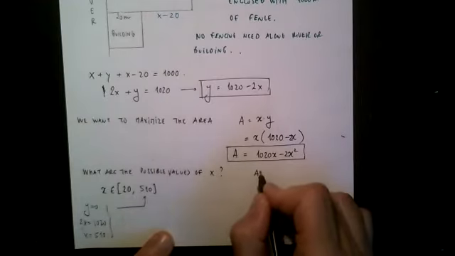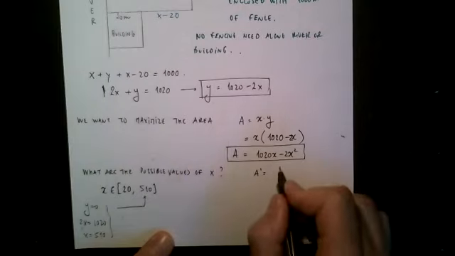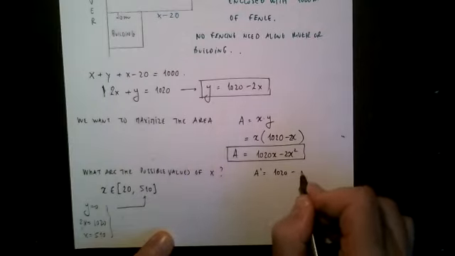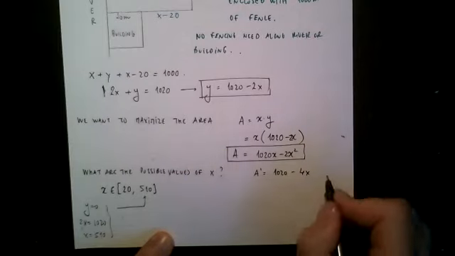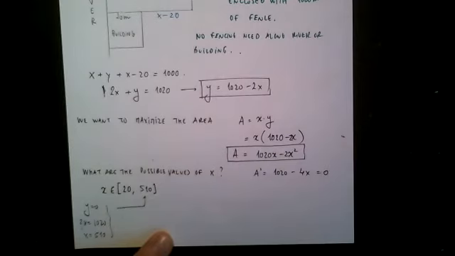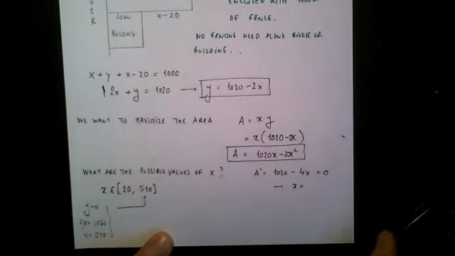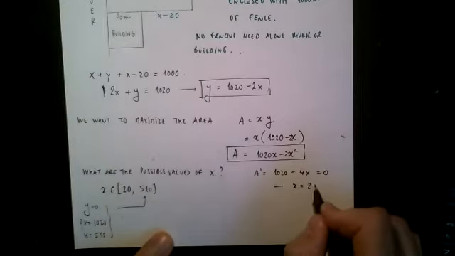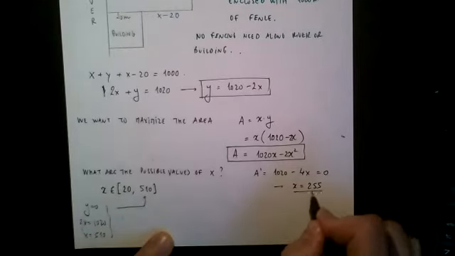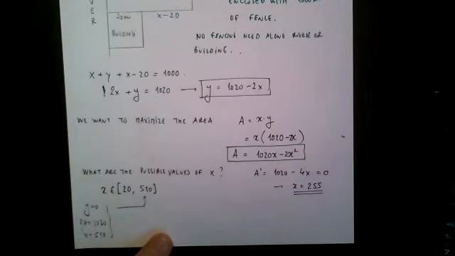So remember, I found the A prime. It's 1020 minus 4x, and I put it equal to 0. We've done this yesterday. If I solve for x, I get x equals 1020 divided by 4, 255.